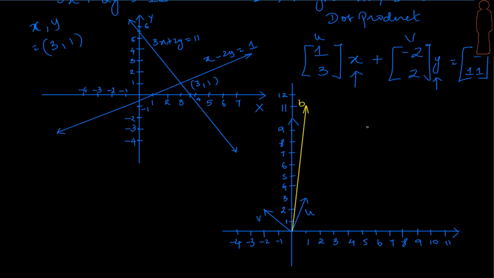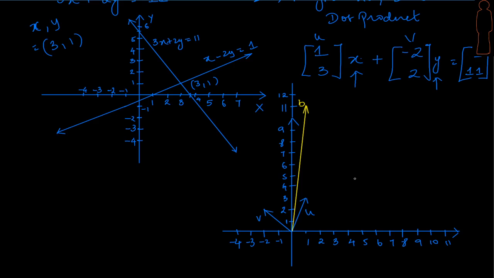So what it's going to mean is, how much do I walk on u and v? I have to use only the directions u and v, and somehow I have to reach this vector b, right? How do I do that? Let's not worry about how to solve this, but the point is, is it possible to get here just by walking on u and v, right?